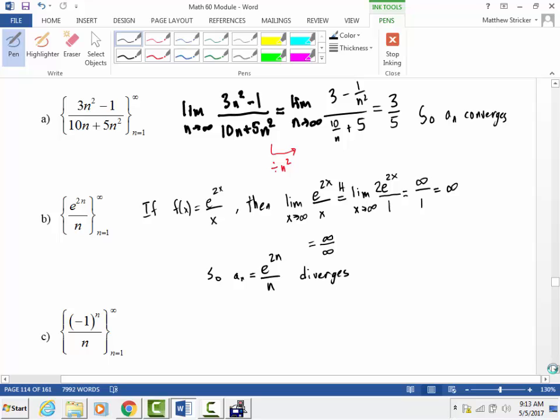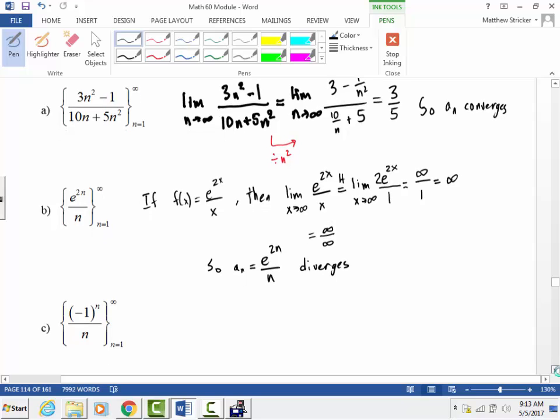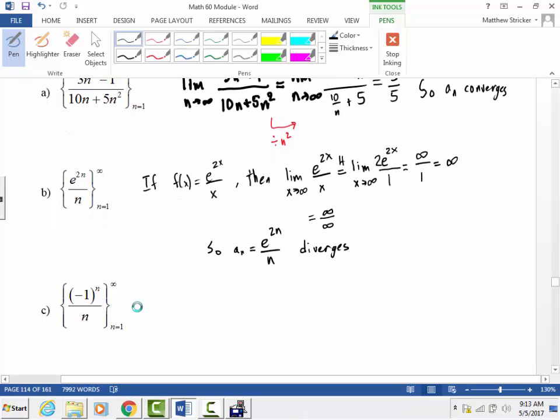Okay, this one we already did above, right? We already did this above. And what did that one do? Yeah, the limit of, that's how we did it, the limit of the absolute value, right, because it was an alternating series. If we took the absolute value, this limit approached 0.